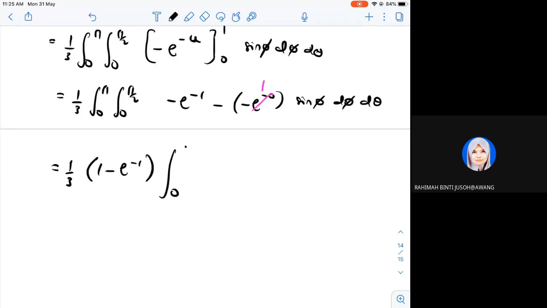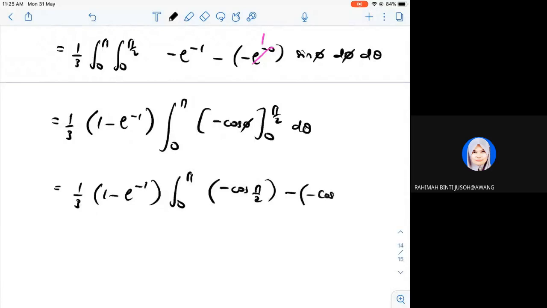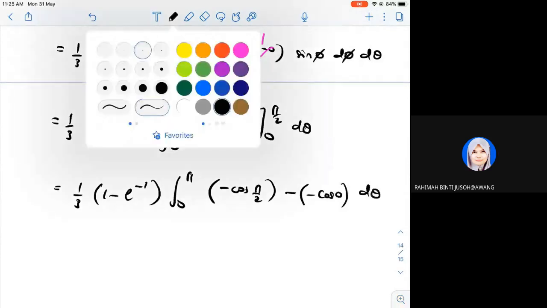Okay, so 0 until pi, integrate sin phi, we get negative cos phi. So substitute 0 and pi over 2, d theta. So we will have 1 over 3, 1 minus exponent negative 1, multiplied with 0 until pi, so negative cos pi over 2 minus negative cos 0. So d theta, again, this is equivalent to 0. This is 1.